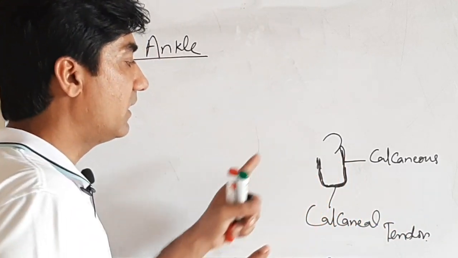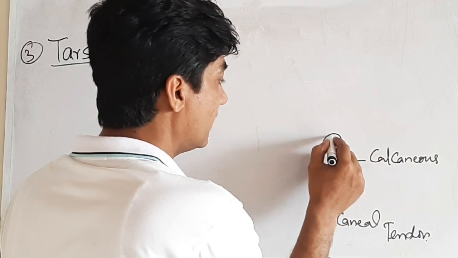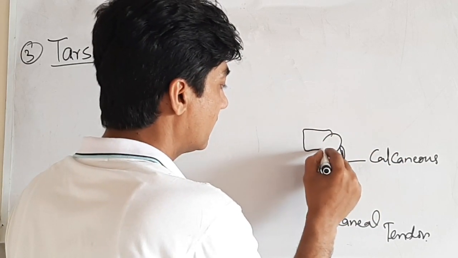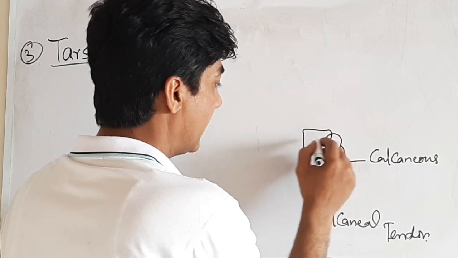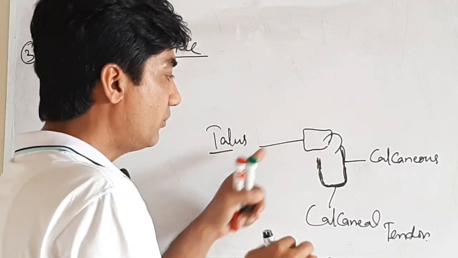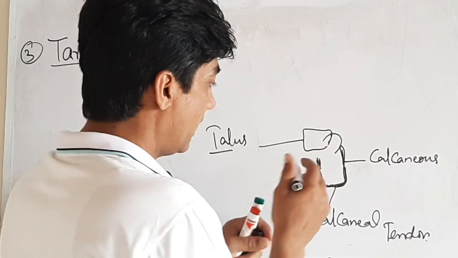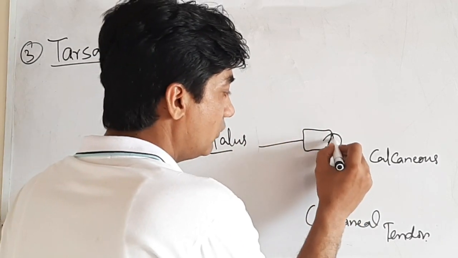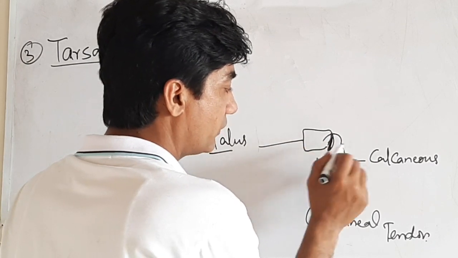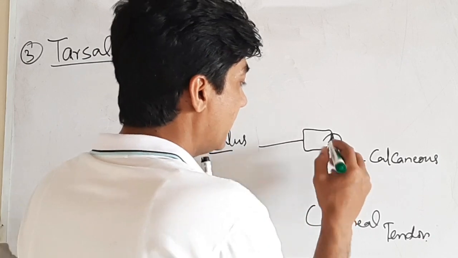And the second largest bone of the tarsal region, which is superior to the calcaneus, that is talus. This is the talus bone. Talus bone is articulated at 3 points. First is inferior posterior, where it is attached with the calcaneus bone.